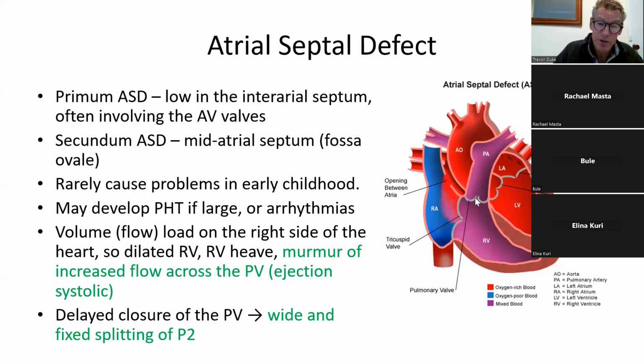And that's why you hear it in the second upper left sternal edge. Because of the very high flow across the pulmonary valve, you get delayed closure of the pulmonary valve. And that leads to a wide and fixed splitting of the second heart sound. If you listen to enough ASDs, you can detect that wide and fixed splitting of the second heart sound.